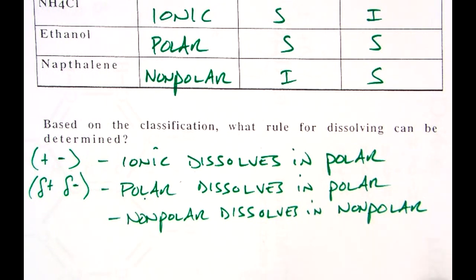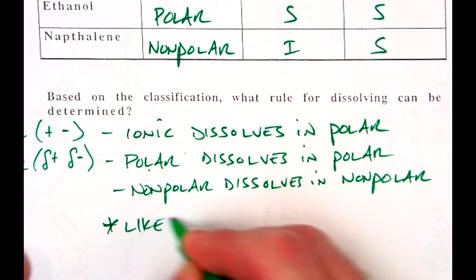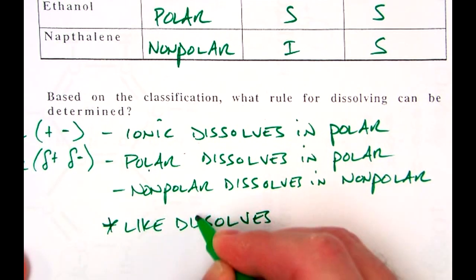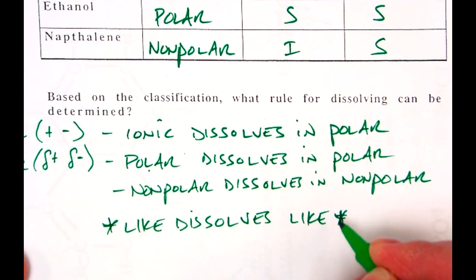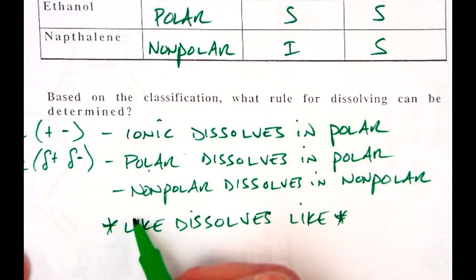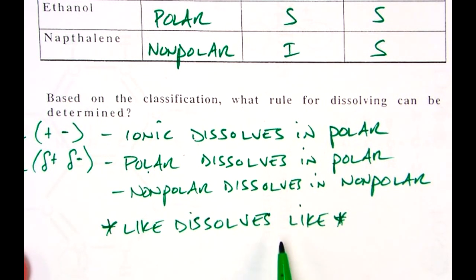We come up with a rule called like dissolves like. And this is a rule that governs all these 3 rules. It means that things that are chemically similar will dissolve each other.